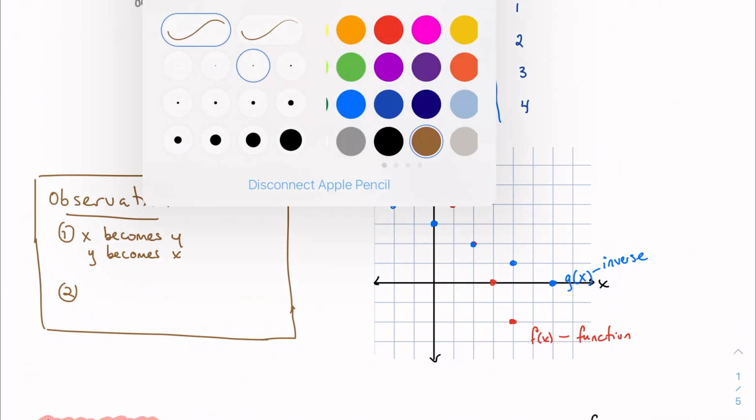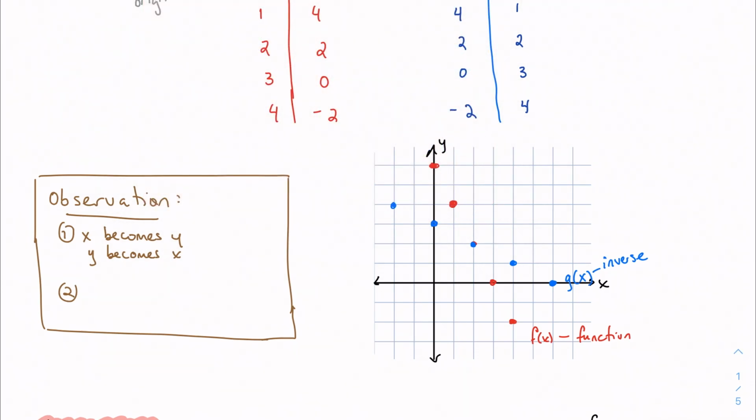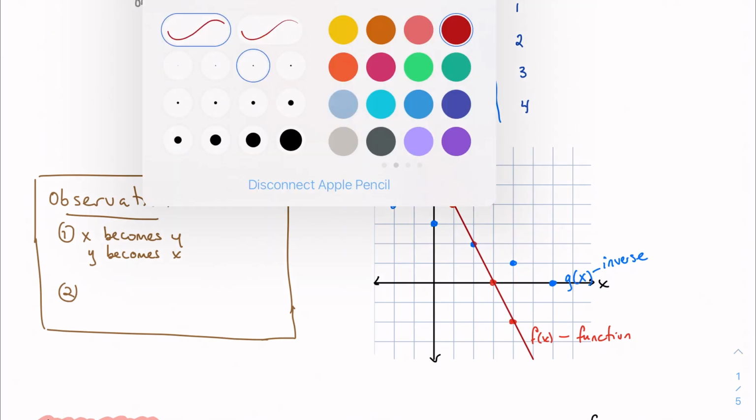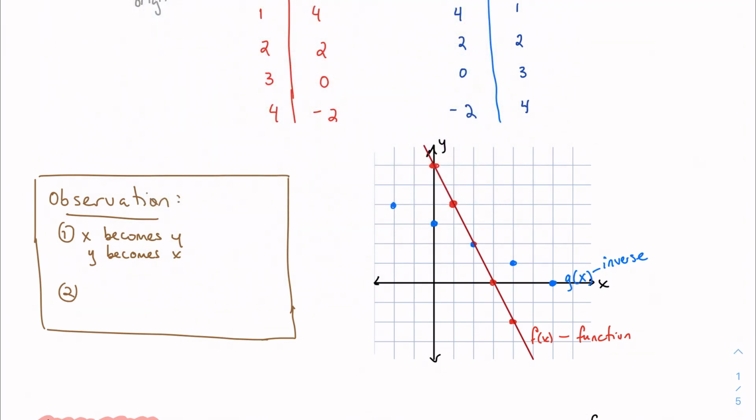Actually, it might be clear if I were to connect these dots with a line, and then do this with my blue points.